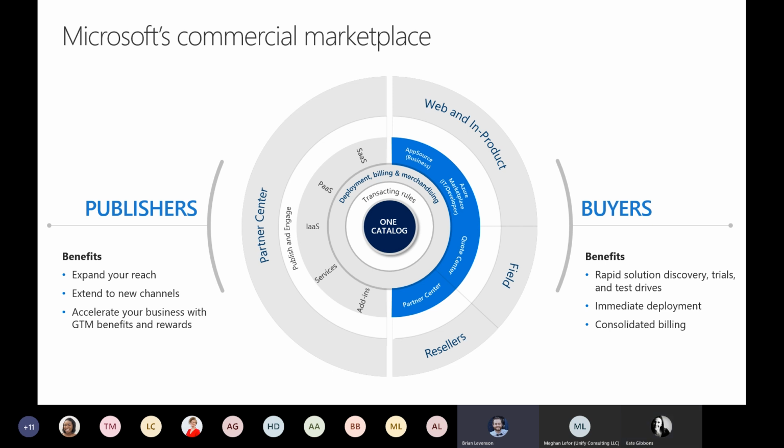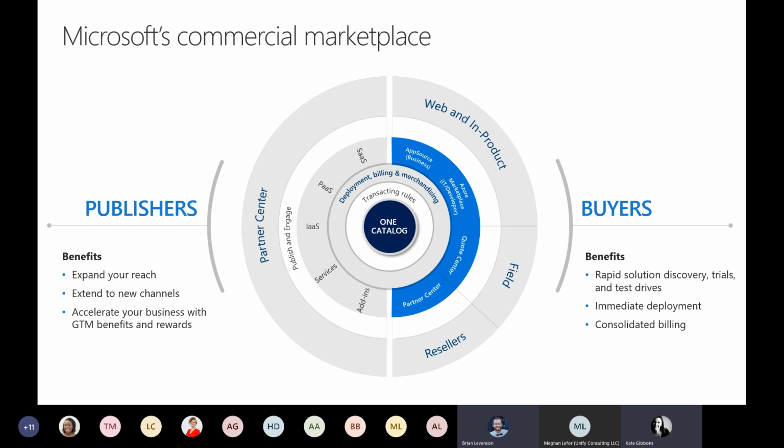Those go into our commerce platform where we have a unified commerce engine used for both Microsoft first-party products, Azure, Office 365, Microsoft 365, Dynamics 365, as well as your products, those that you want to sell through Microsoft and to Microsoft, our joint customers.